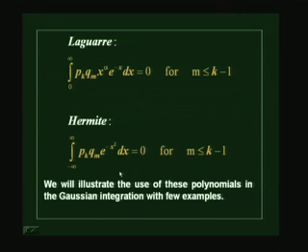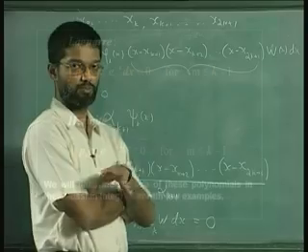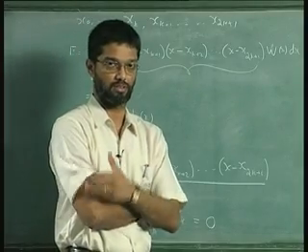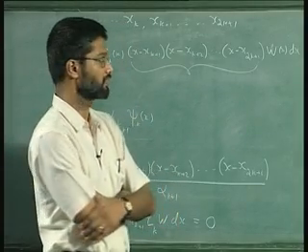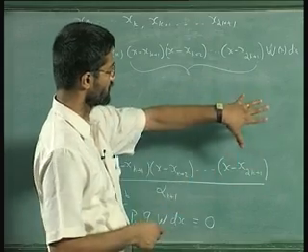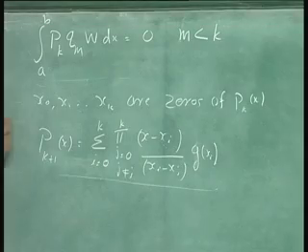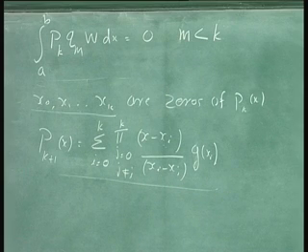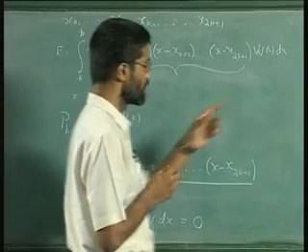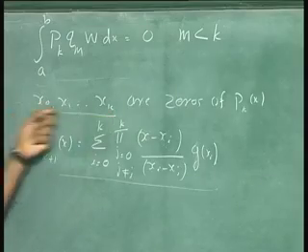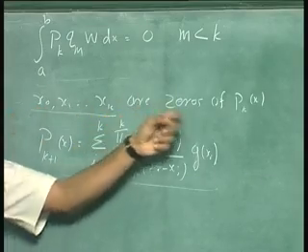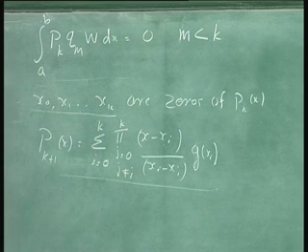So, once we have decided what method we are going to use, whether we are going to use Legendre or Hermite or whatever, then we will use x0, x1 up to xk, and we have decided what order of approximation we want to do, and then we would choose that many points as the first that many zeros of the polynomial p.